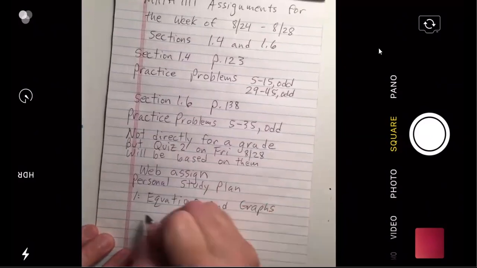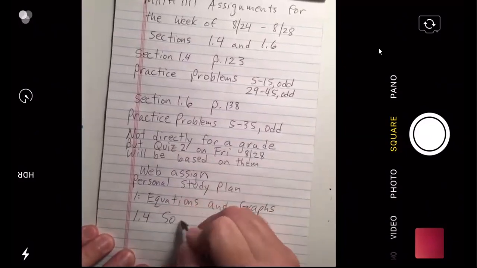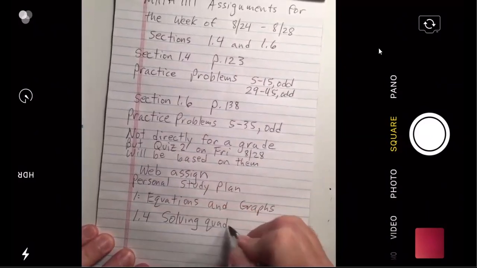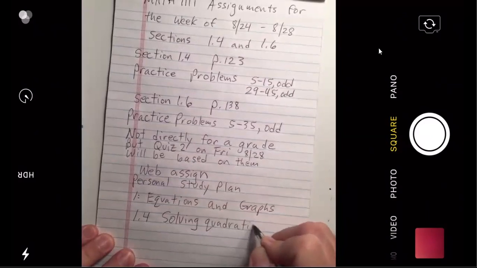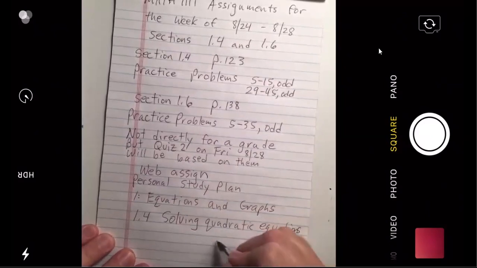Down the page, you'll see 1.4, solving quadratic equations. And on the same line, it has practice quiz.